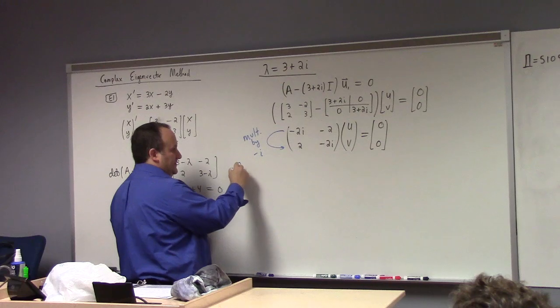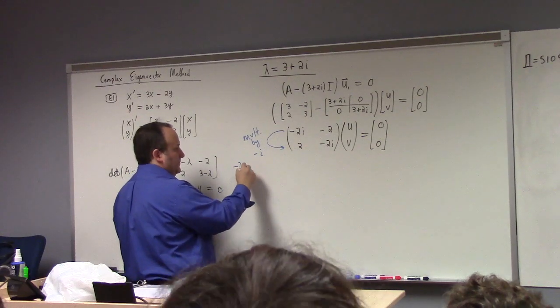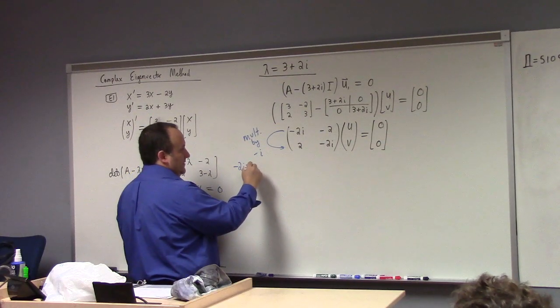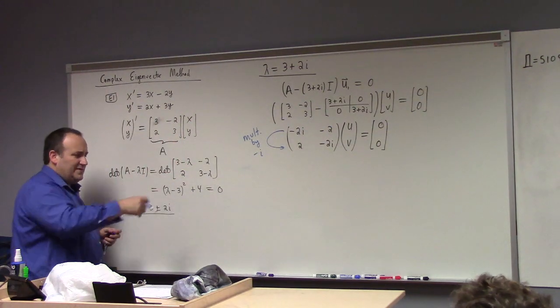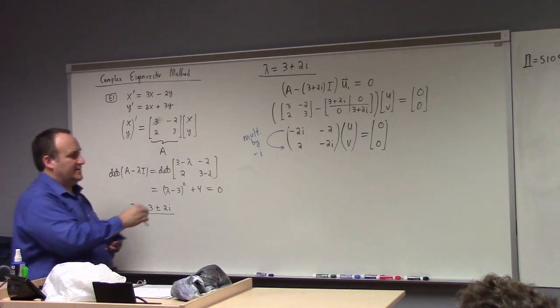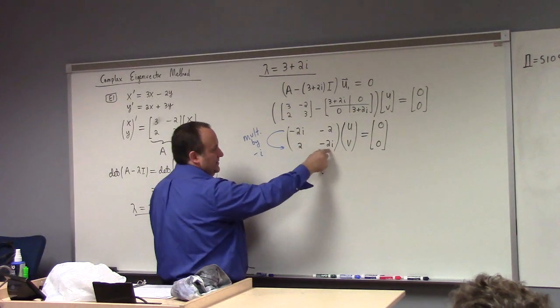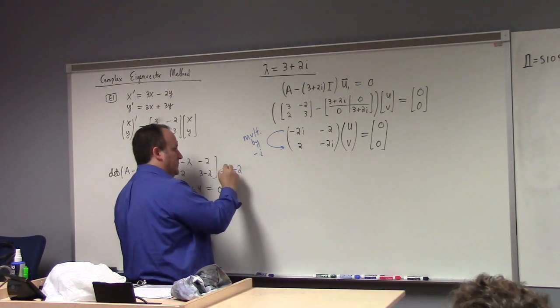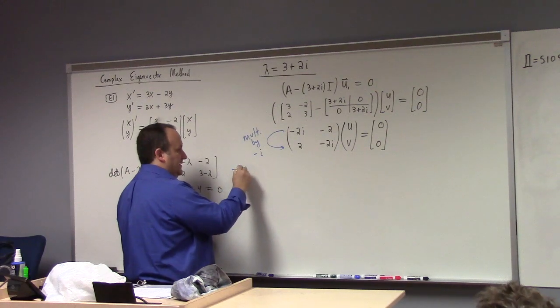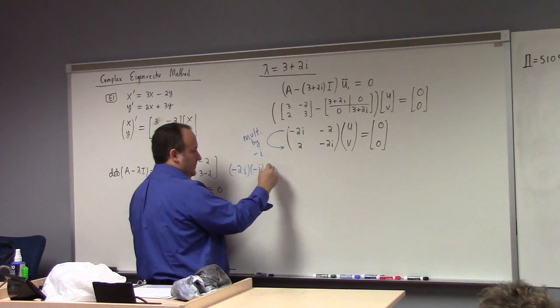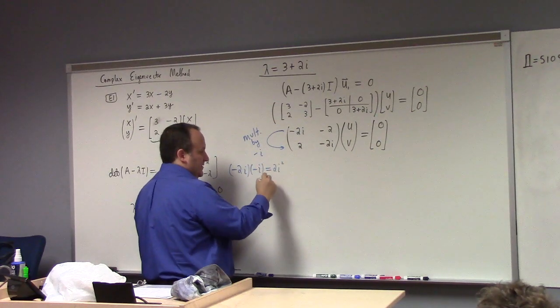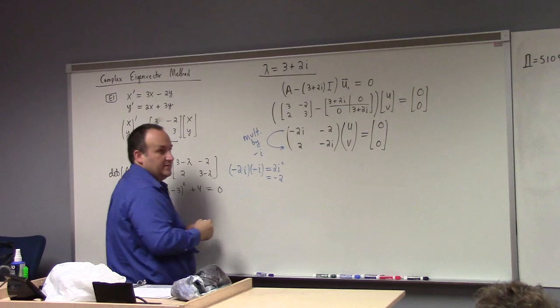That would give you minus 2i u, right? Well, anyway, let me not write it out. That is the second equation, because I get the minus 2i here, and notice that minus 2i times minus i is what? 2i squared, but 2i squared is minus 2, right?